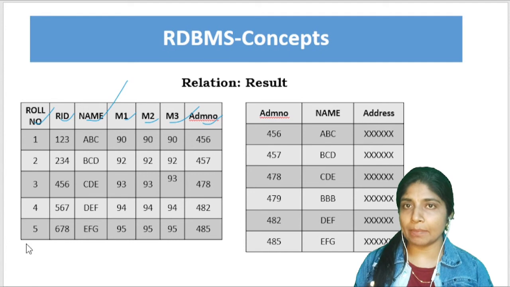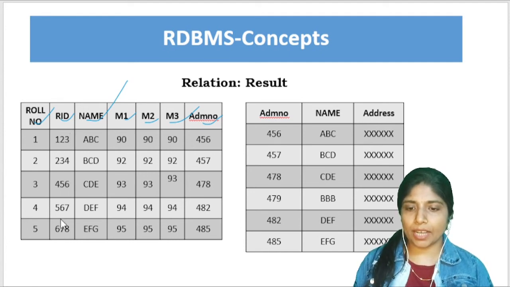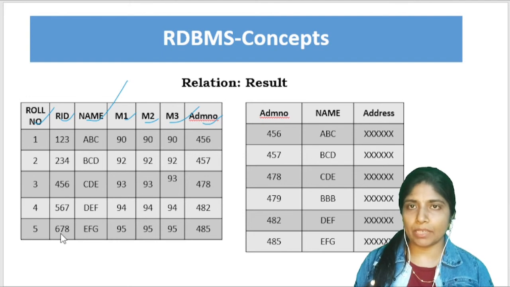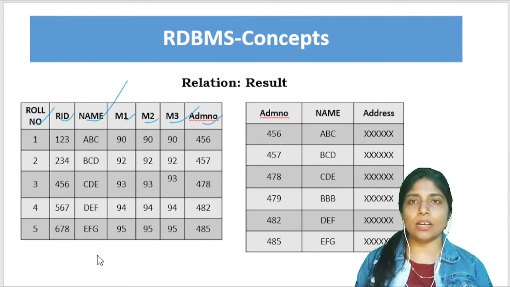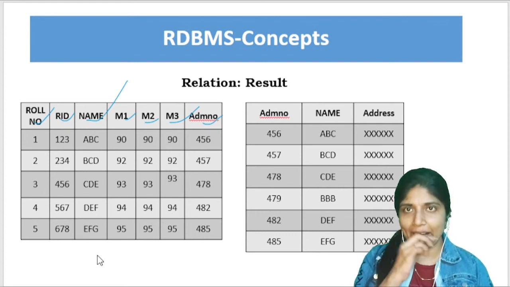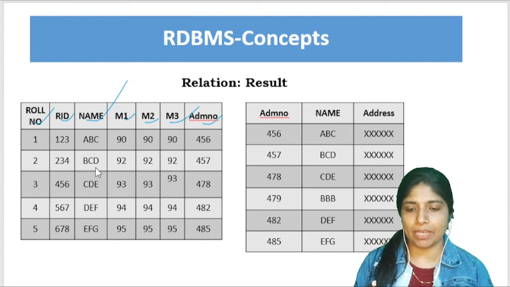Roll number can represent all the records in the table. And if you see, RID is also not repeating, so this can also be used as a primary key. Name cannot be used as a primary key because two persons may have the same name, and marks also cannot be used as primary key.